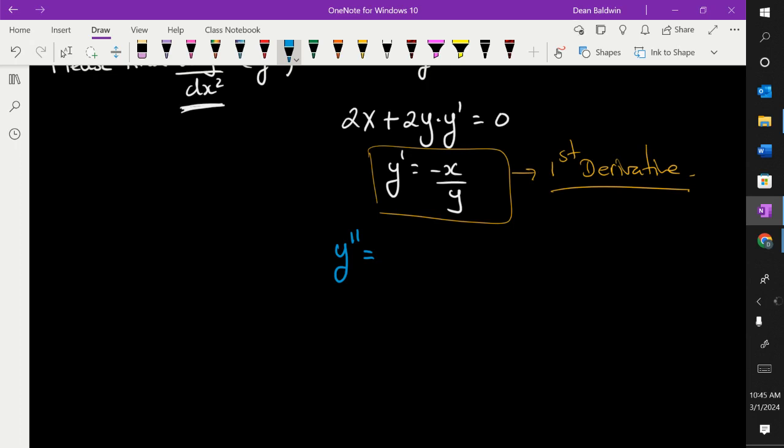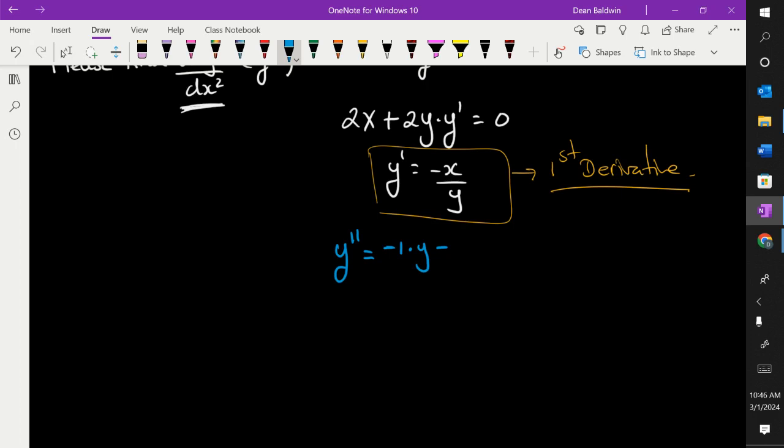What rule do I need to use here? Quotient rule. So quotient rule says the derivative of the top function. What's the derivative of x with respect to x? Minus 1. Well, yeah, minus 1 in this case. So we get minus 1 times the bottom function, which is y. Subtract. What's the derivative of y with respect to x?